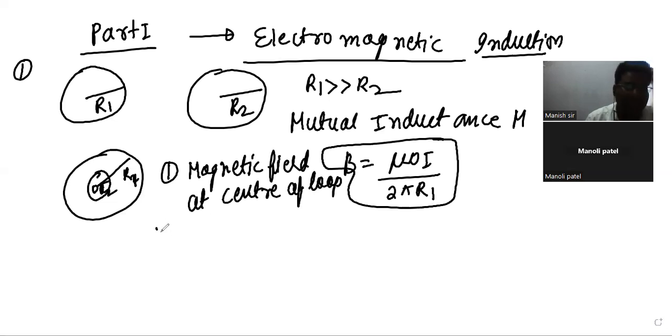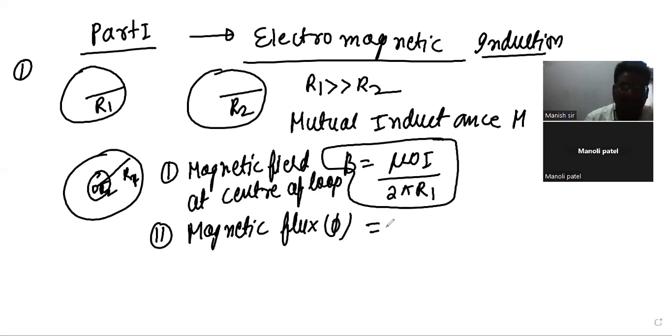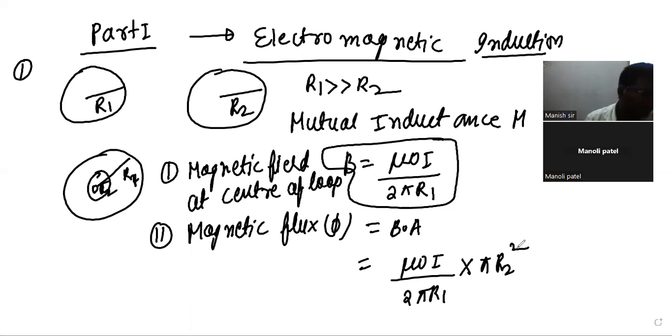And next is magnetic flux phi. So phi is nothing but magnetic field into area. Now put the value of the magnetic field from the first equation. It is given by mu naught I upon 2 pi R1 into area, which is pi R2 square.